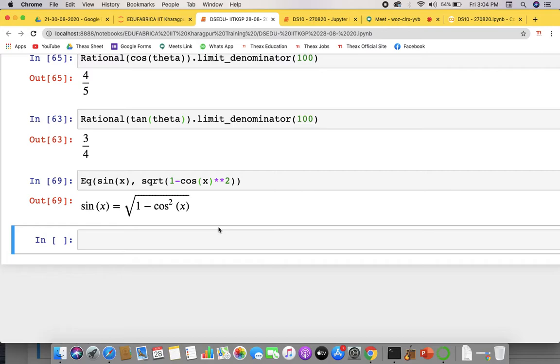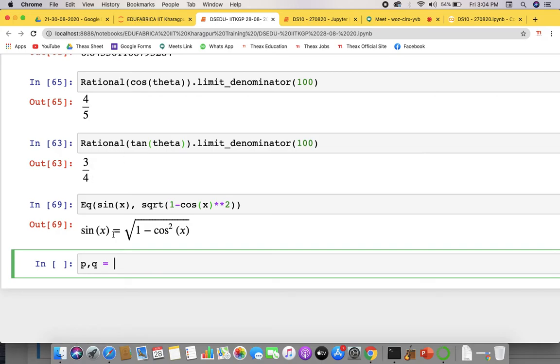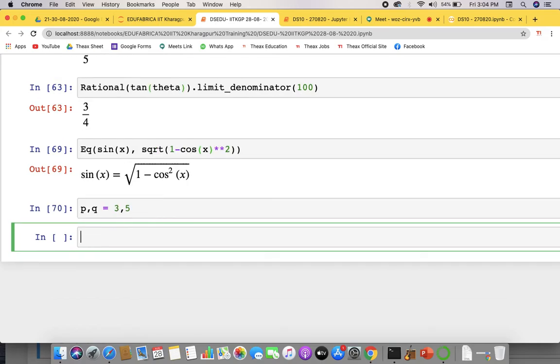Let's say the expression you have is 3 by 5, so you can write this as 3 and 5, and then you can use the Pythagoras theorem, like p square plus q square, whatever you want. So you should define your numerator and the denominator, and then you can go ahead with that.